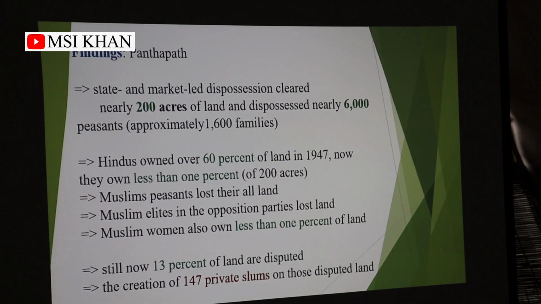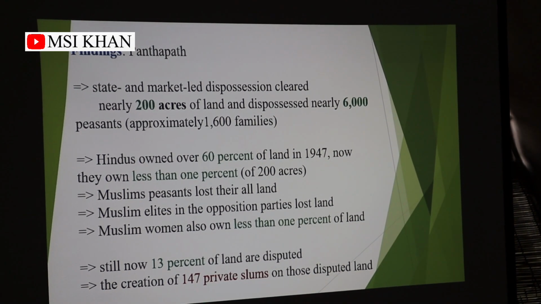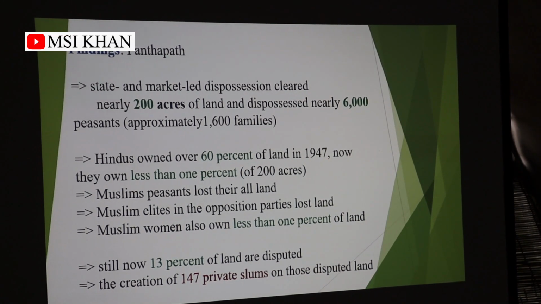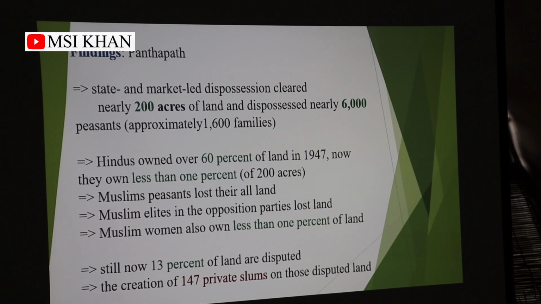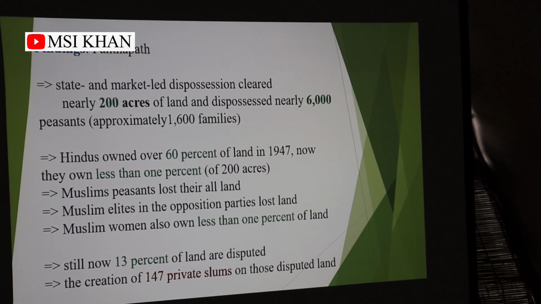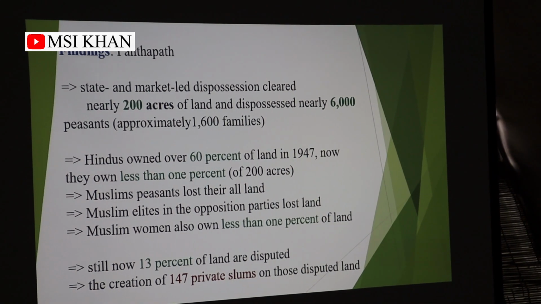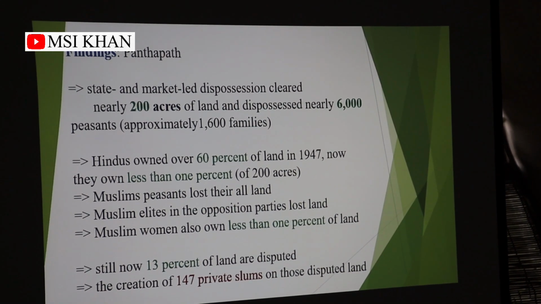They were all evicted. Not only that, elite persons in the opposition political party were evicted. And it's a continuing process. Still now in that area, 129 plots of land are disputed because of this continuing process.